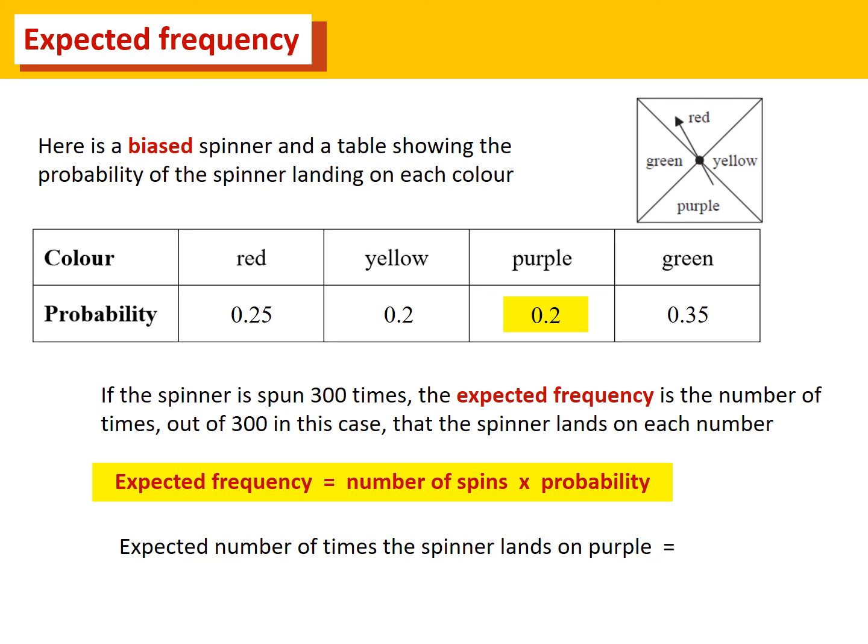So in 300 spins, we multiply 300, the number of spins, by 0.2, the probability, and that gives us an expected number of times that it lands on purple of 60 times.